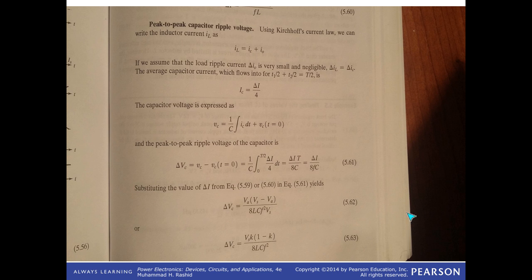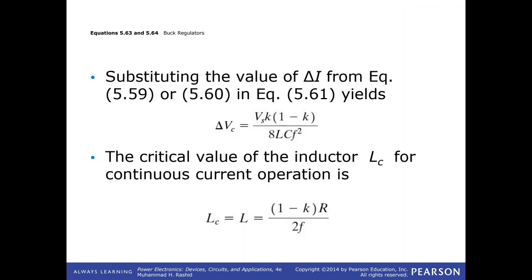One final term is what about the minimum L and minimum C values in order to sustain continuous current mode. These are the minimum values. From those equations, you can easily take this one. Delta, you remember that one here.